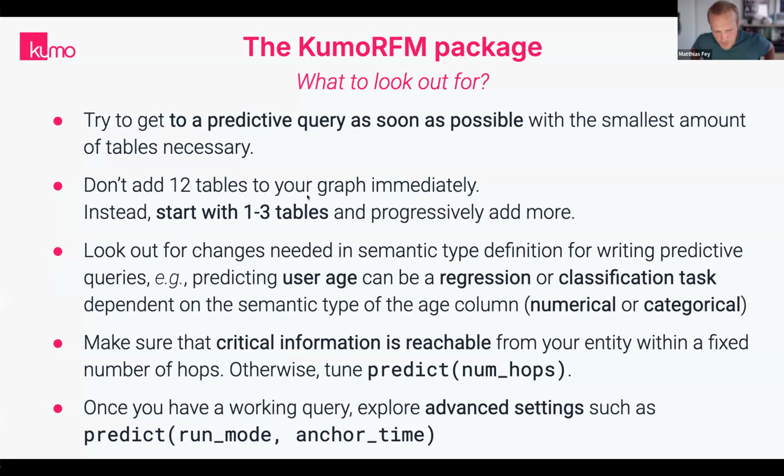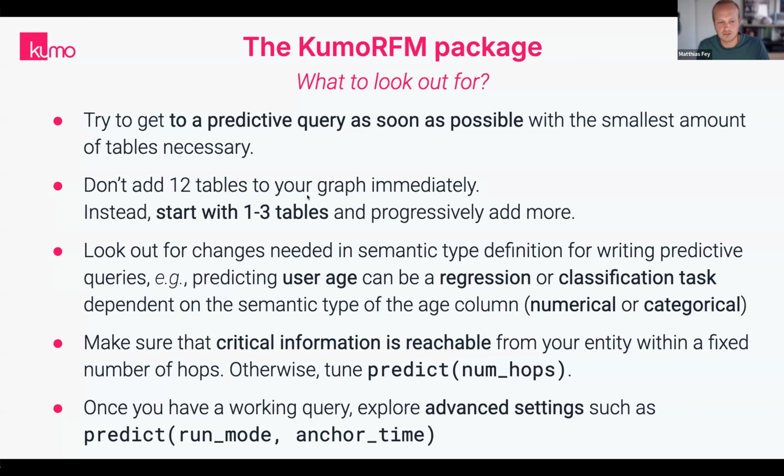Just confirm that everything is defined in the way it should be before moving further. And then a few quick tips to get to good results as soon as possible. If you have your data up and ready, I feel like trying to get to a predictive query as soon as possible is the best way to find success. So limit yourself to a small number of tables. Don't add 12 tables to your graph immediately. Start with 1 or 3 and then progressively add more as you go.